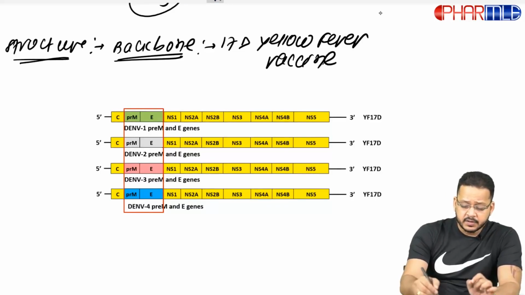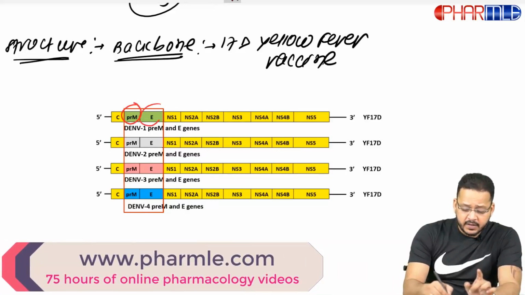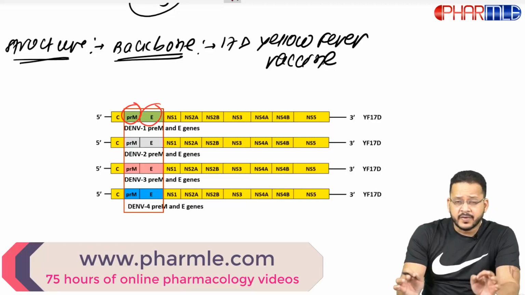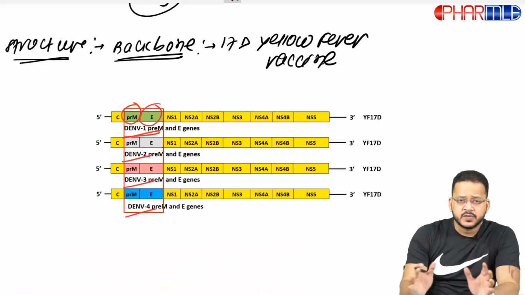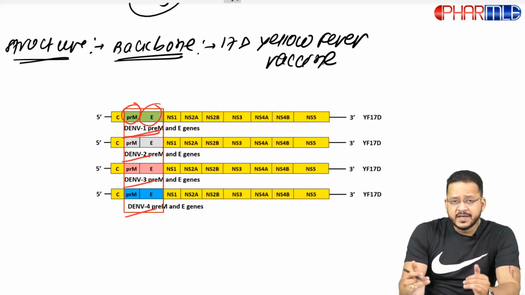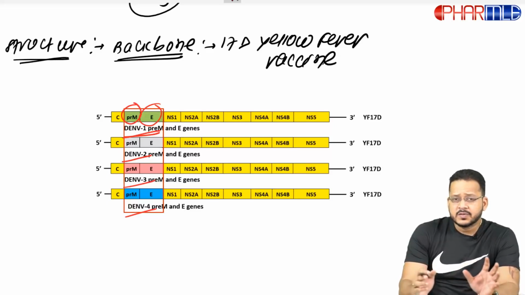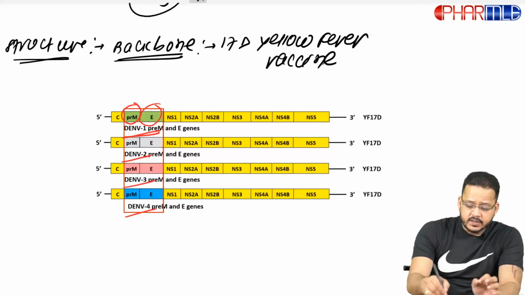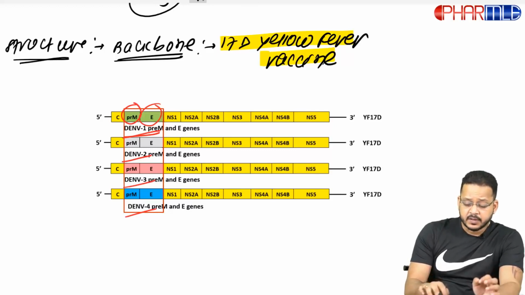What we have done is we have taken the PRM, that is the pre-membrane gene, and the envelope gene of the 17D yellow fever vaccine, and then replaced them with the dengue virus 1, dengue virus 2, dengue virus 3 and dengue virus 4 genes. So the 17D yellow fever vaccine has been altered so that it can carry all 4 strains of dengue. This can be an MCQ point in your exam: from which vaccine it has been developed.